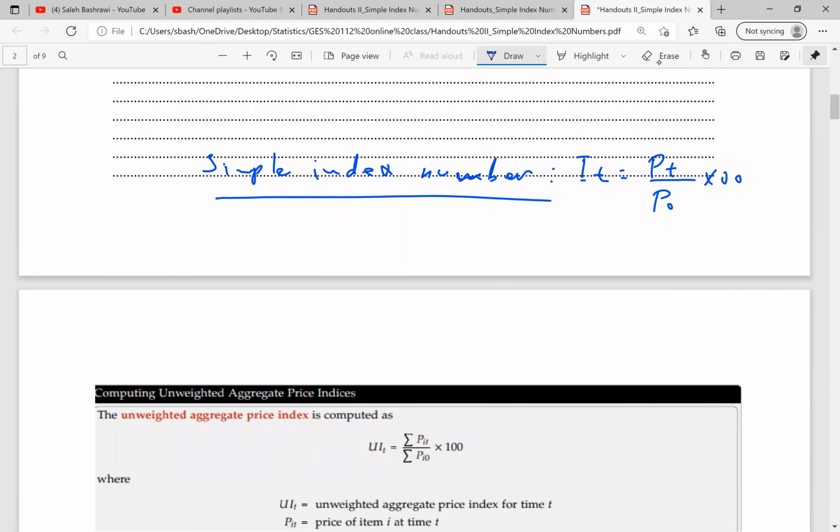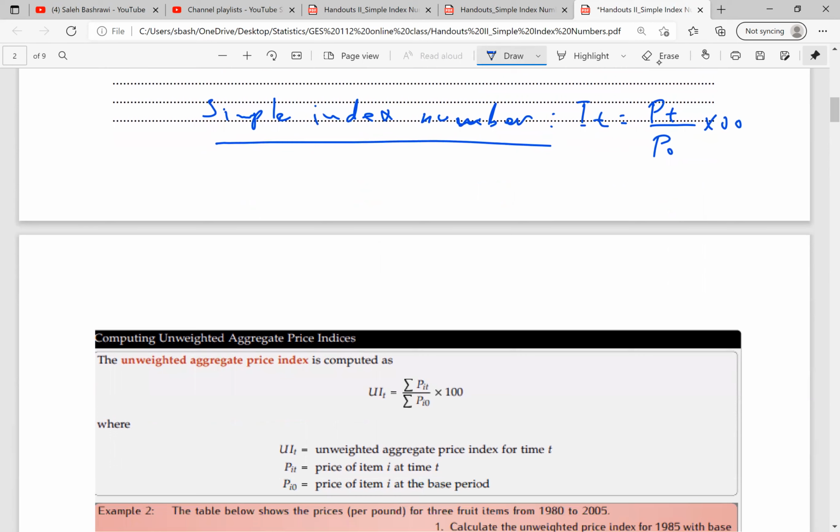For today, we are speaking about the unweighted aggregate price index, which is computed as UI_t equals sigma of P_it divided by sigma of P_i0 multiplied by 100, where P_it is the price of item i at time t and P_i0 is the price of item i at the base period.